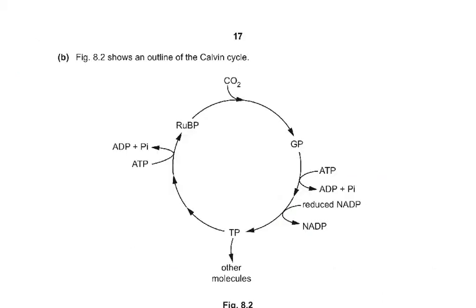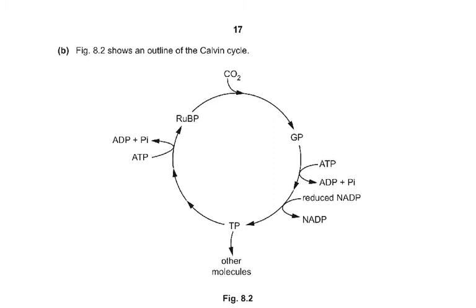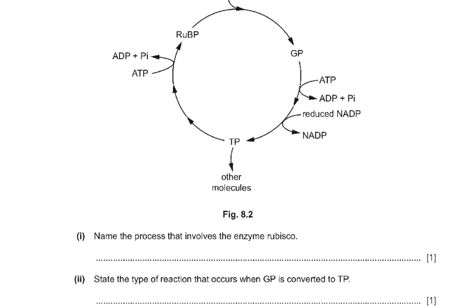Then coming into part B of the question, figure 8.2 shows an outline of the Calvin cycle. Name the process that involves the enzyme rubisco. What is that called? You can say carbon fixation.